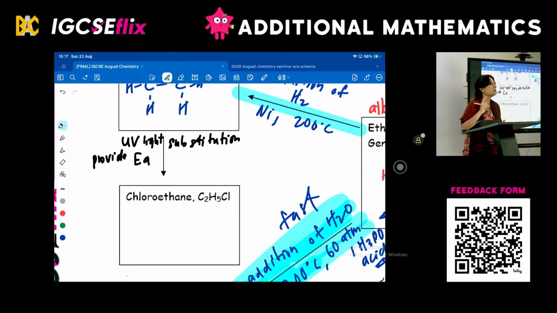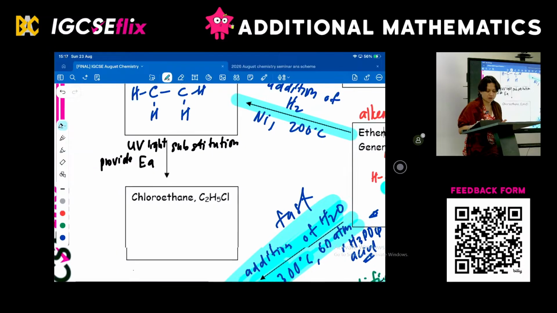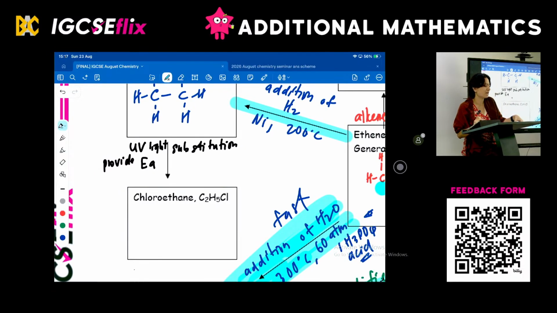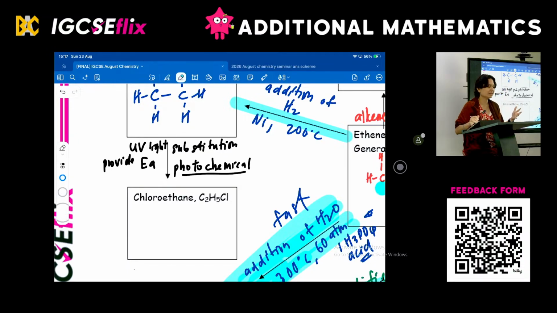The UV light is to provide activation energy. What kind of reaction requires UV light? What kind of reaction is this? Photochemical. Okay? You only learn 2 photochemical reactions. What is a natural photochemical reaction? Photosynthesis. This one is a synthetic one lah. Okay? Alright, so chloro.